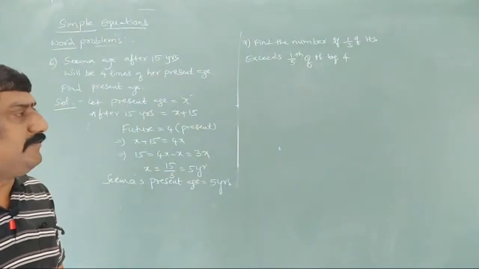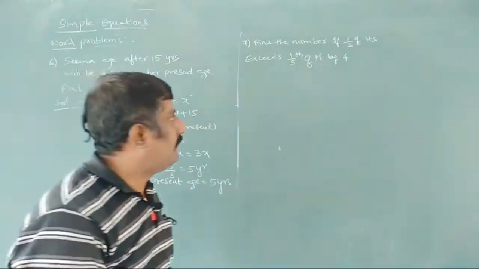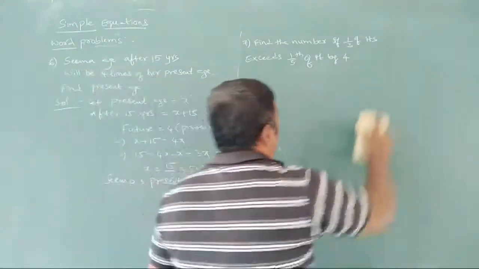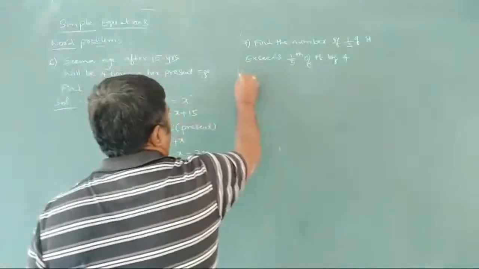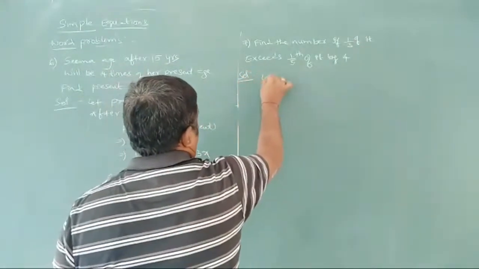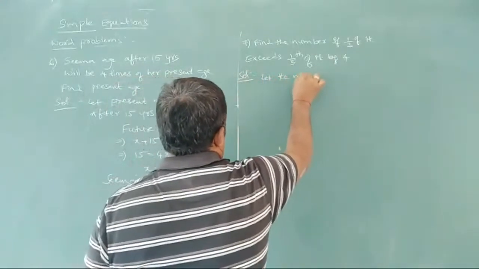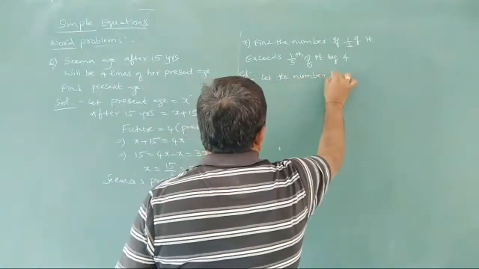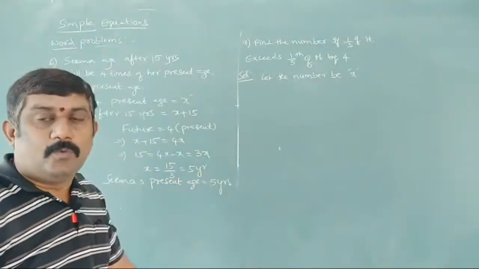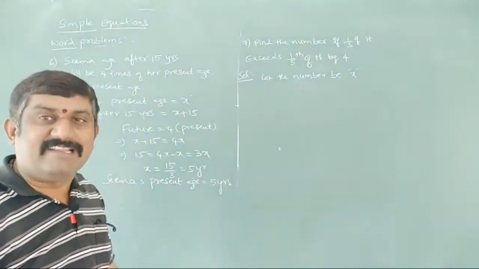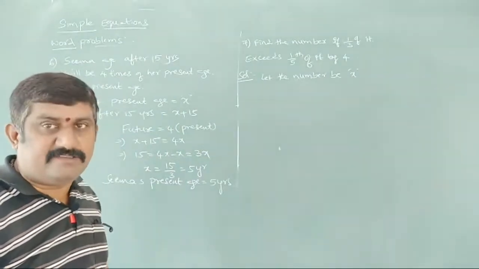Find the number if 1/3 of it exceeds 1/5 of it by 4. Let the number be x. 1/3 of x is exceeding 1/5 of x by 4.